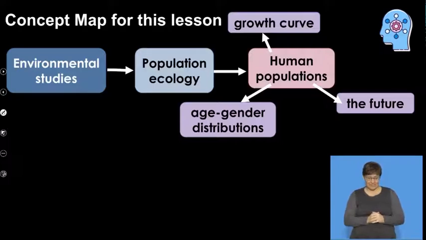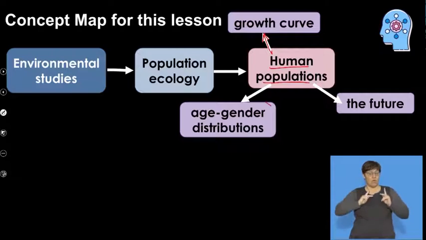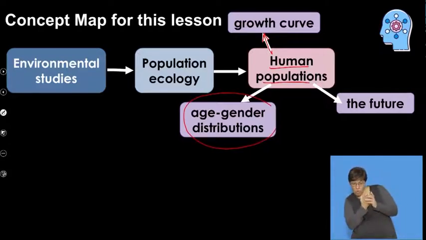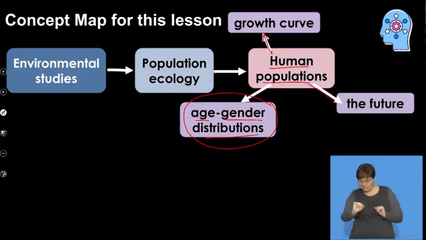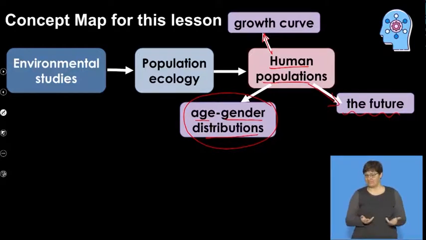And we're going to look in this particular lesson at the growth curve that human populations show. We're going to look at something called age, gender distributions, and we're going to conclude looking at the future. Where is all of this taking us? So that is our concept map for this lesson.